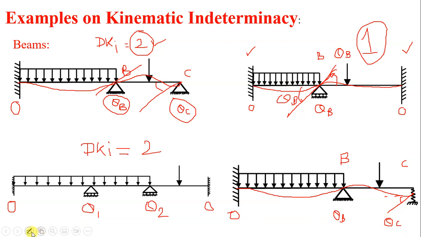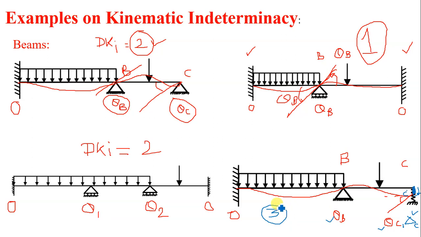Similarly, the support is moving in downward direction. C moves to a new position, say C dash, and hence this vertical displacement is there. So along with theta C, delta C will be there, and thus the degree of kinematic indeterminacy for this beam is 1, 2 and 3. So it is equal to 3.